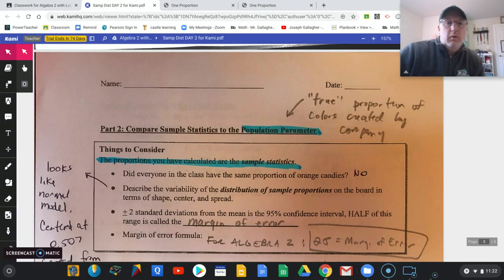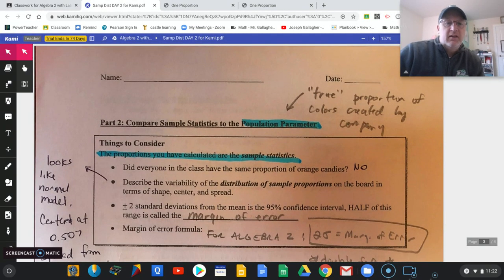So for part 2, what we want to do is talk about comparing the sample statistics to the population parameter. The population parameter is the true number of what color we should get in each bag. Now, usually, and if you take AP Stats next year, you'll find out we don't usually know population parameters.